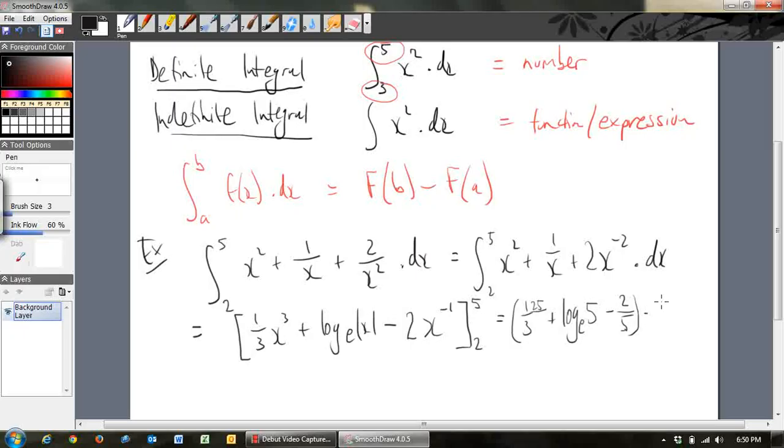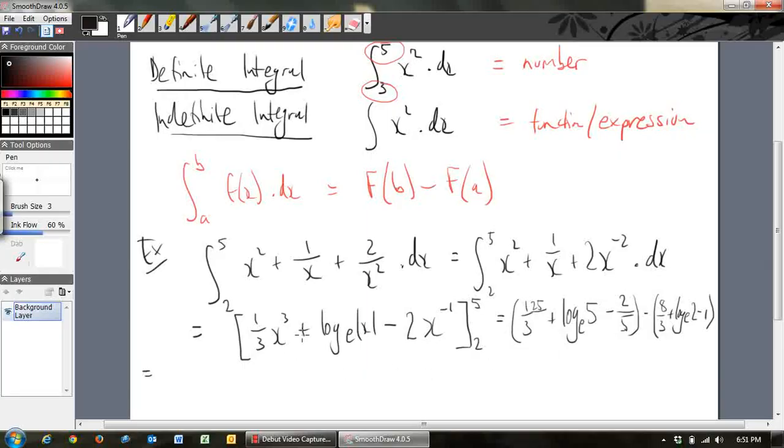Now subtract, and if you put 2 in here, 2 cubed is 8, that'll be 8 over 3, plus log e of 2. Then if we substitute 2 into 2 over x, that'll be 2 over 2, so that would just be minus 1. Okay, so this equals, and we'll evaluate.